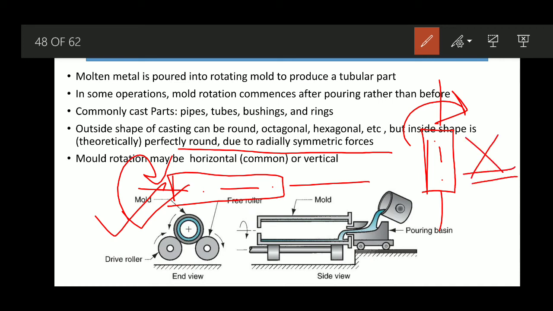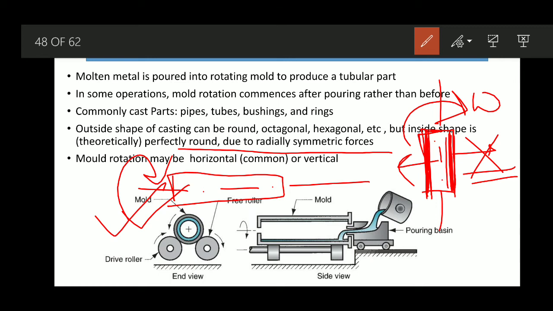Why? Because in the vertical case, even though it is rotating and the centrifugal force acts like this, and suppose the tubular part will be something like this, the metal will be forced in this particular direction and solidify here. But we already know molten metal has certain mass associated with it, that means some weight, or you can say gravitational pull, is there.